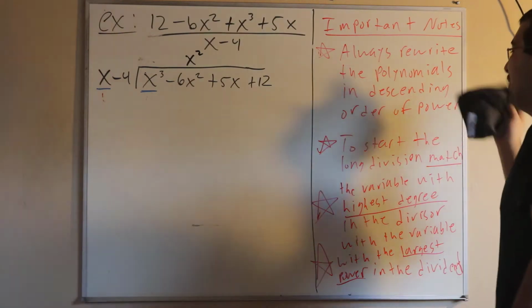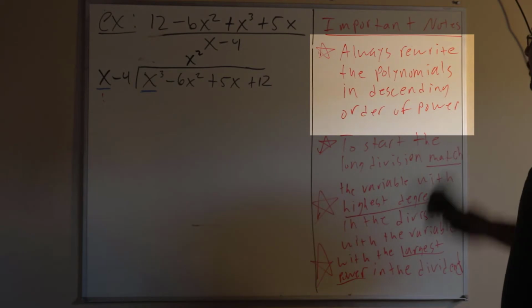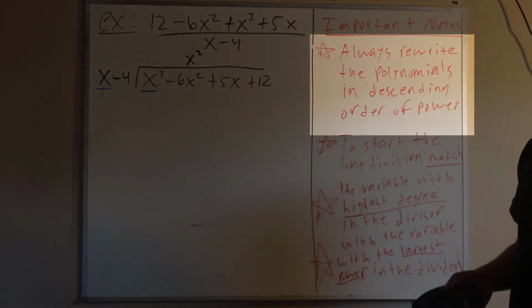So sadly, I'm going to have to erase one of our important notes. I'm going to erase the top one from our list right here. If you haven't already written the top important notes, go and pause the video and get that written down right now.